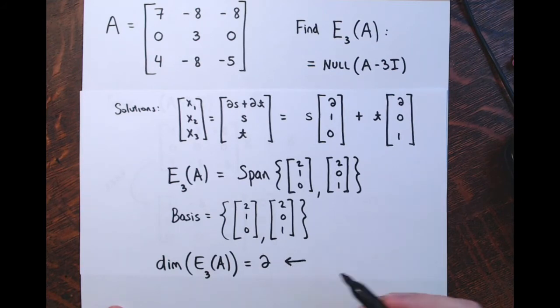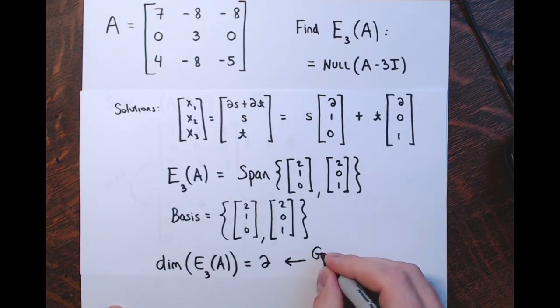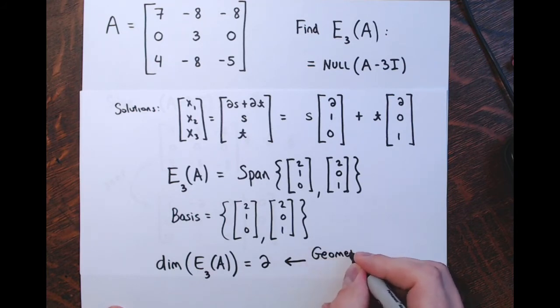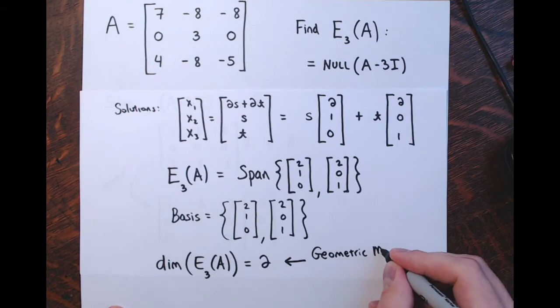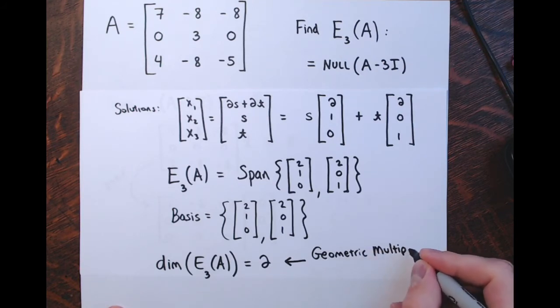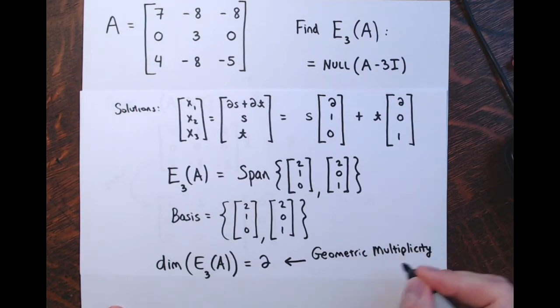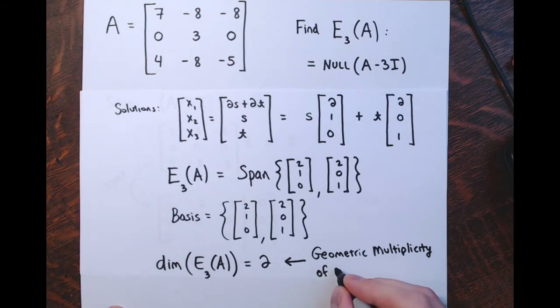And I mentioned this in my earlier example. This 2 would also be called the geometric multiplicity of lambda equals 3.